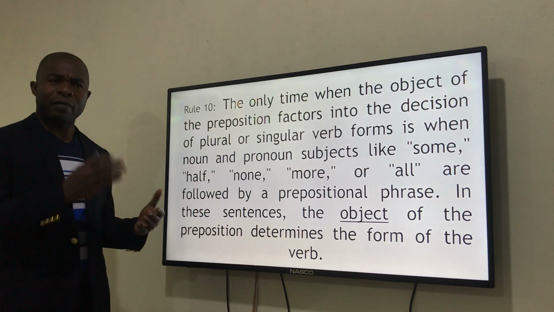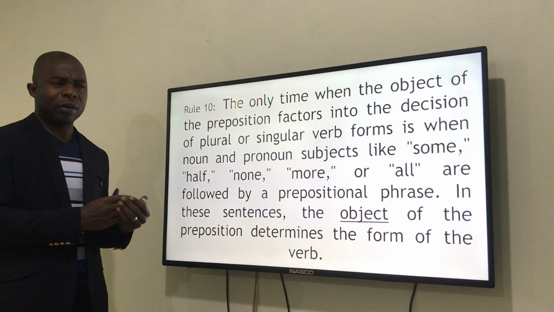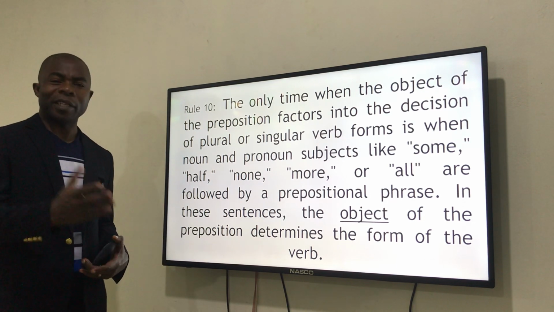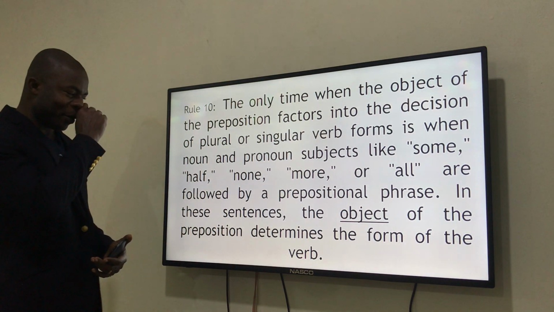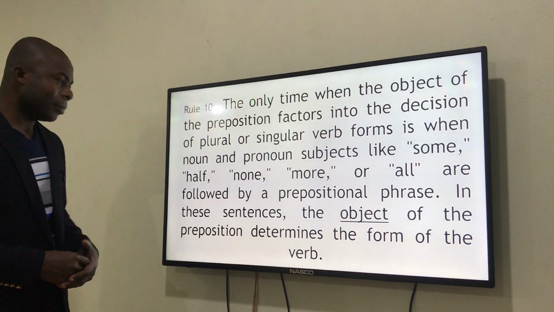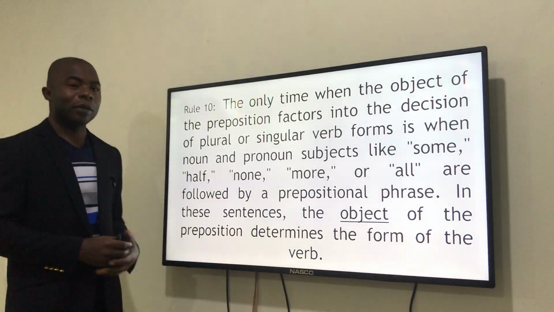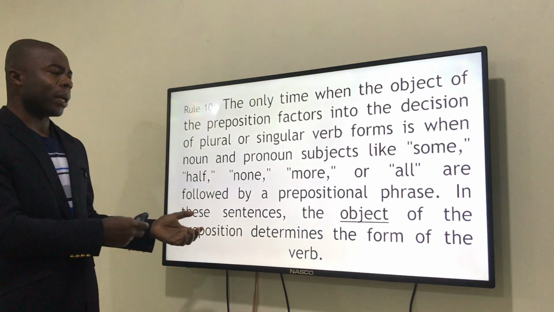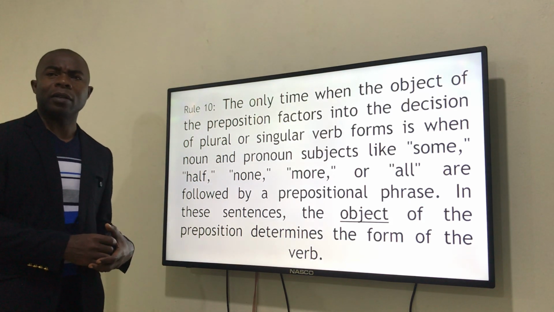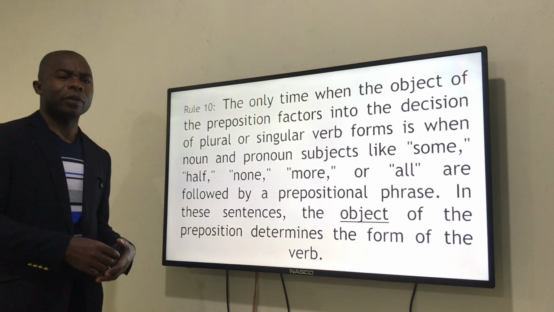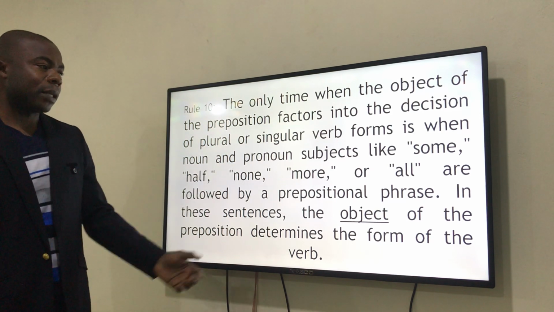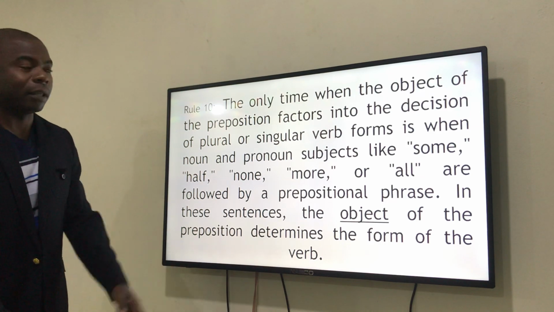Half can be half of a loaf of bread, or half of the children at school, or half of an orange. None. Is it none of the milk or none of the children? And we have more of the milk, or more of gari, or more of the pencils, or all of the pencils.